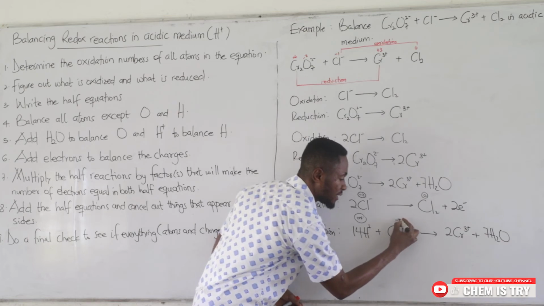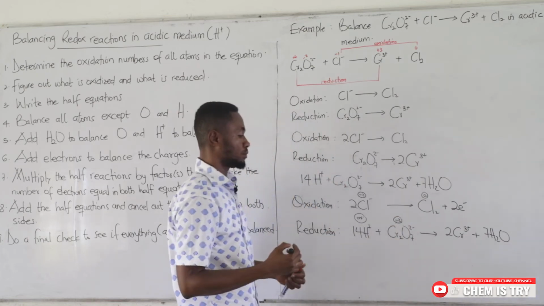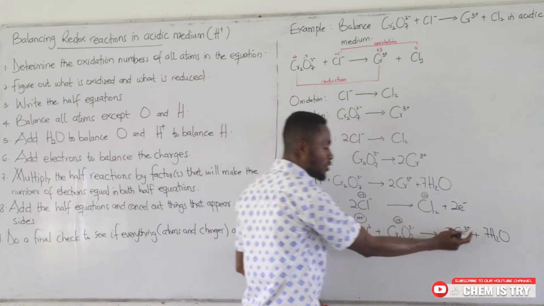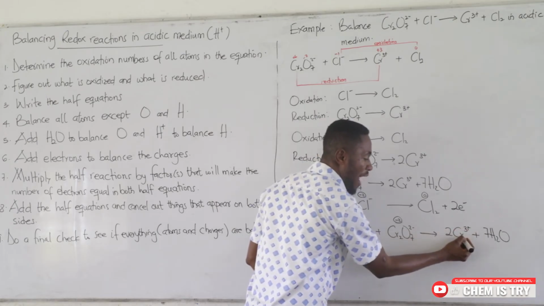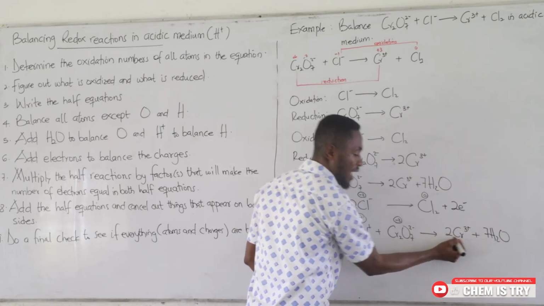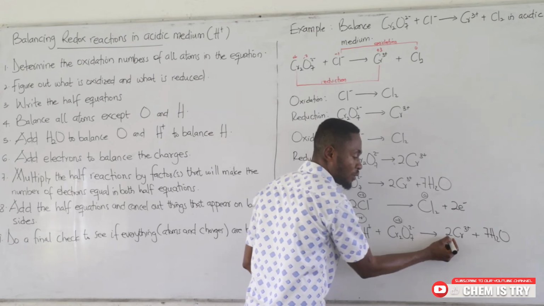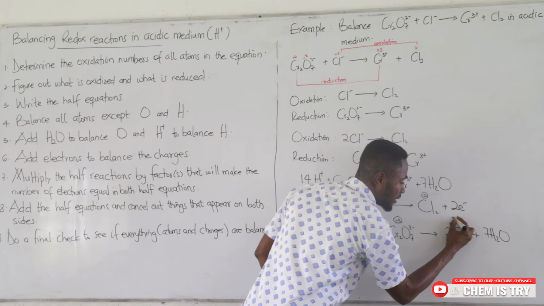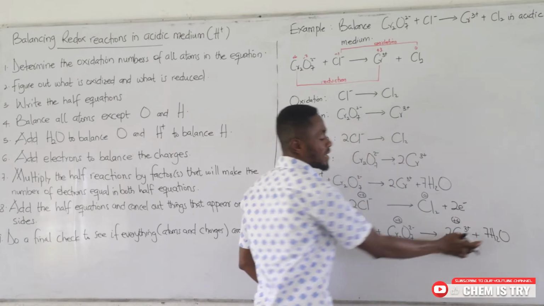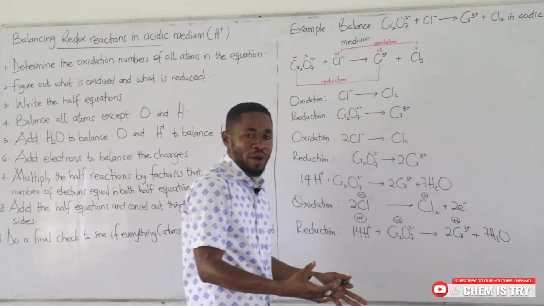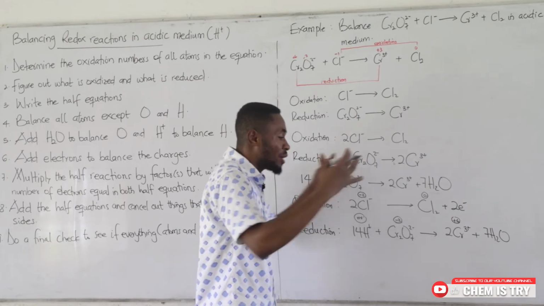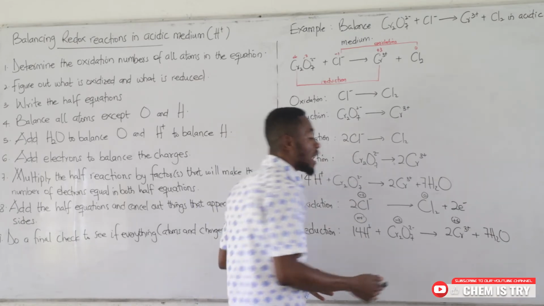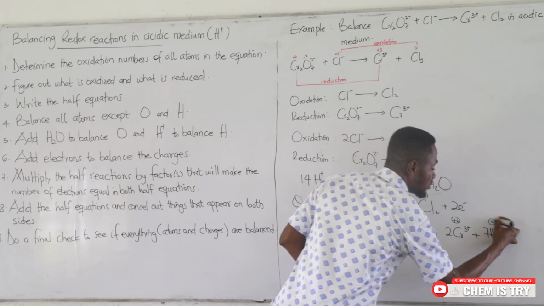Now, the product side, you realize each chromium ion has a charge of +3, and we have 2 of the chromium ions. So 2 times +3 will give us a total charge of +6. Then water is a neutral compound, so when we add the oxidation numbers of the individual atoms there, we get 0.